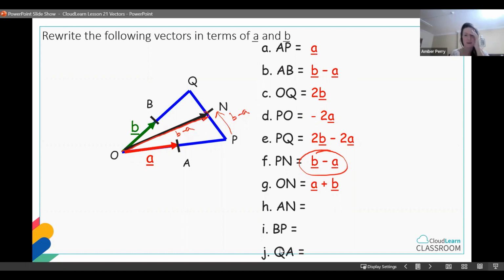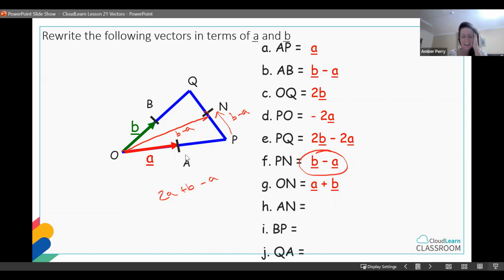And of course, that didn't make sense at all. I re-looked at it and 2A plus B minus A, of course, is A plus B, not B minus A. Sorry about that. But it's always good to think, does my answer make sense? You can see there's no possible way that that vector could be the same as that vector. I'd love to say I did that on purpose to show you that, but I didn't. Sorry about that.